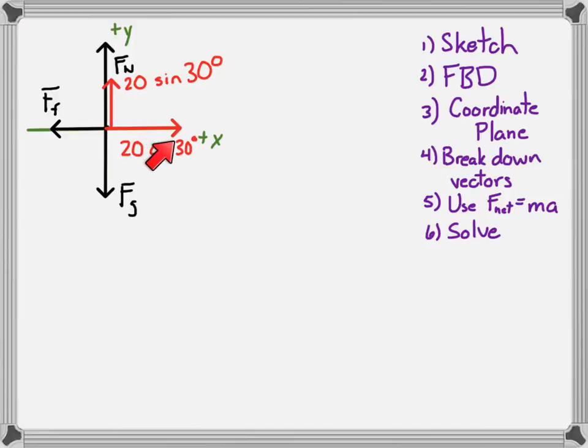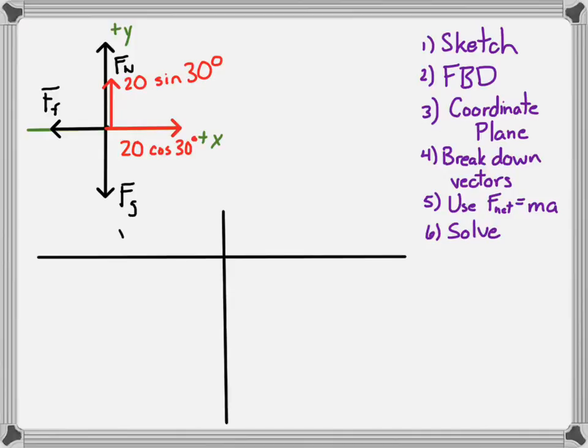I have one that points along the positive x, and of course gravity, friction force, normal force, those all remain unchanged. So now all my forces are pointing along either the x-axis or the y-axis. So I've broken down all my vectors. I'm done with step 4. Now I want to write F net equals ma for both the x and the y direction.